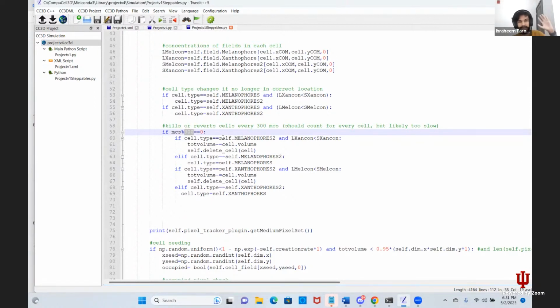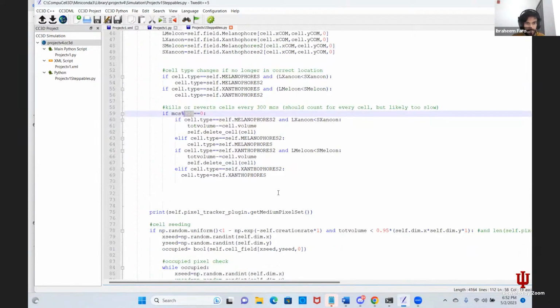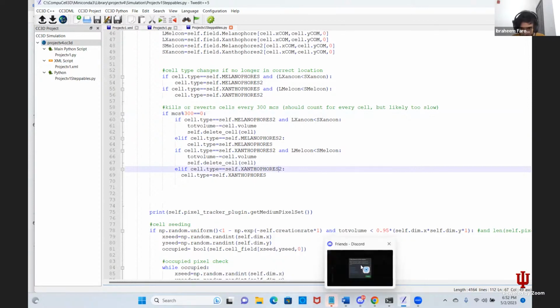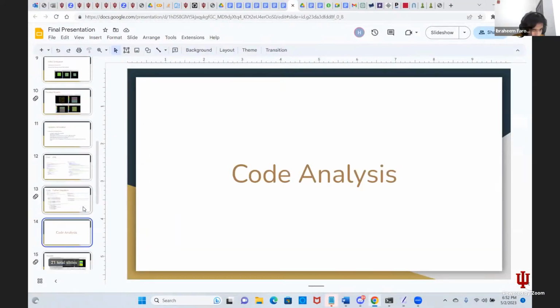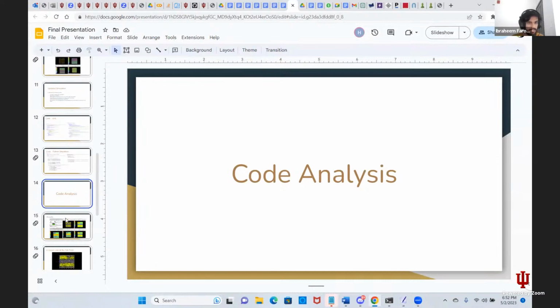As you hit 3,000, 4,000 MCS, you stop getting large cell death because the fields are equilibrated at that point. That's basically it for the code. Next, Mike is going to talk about some of our results.